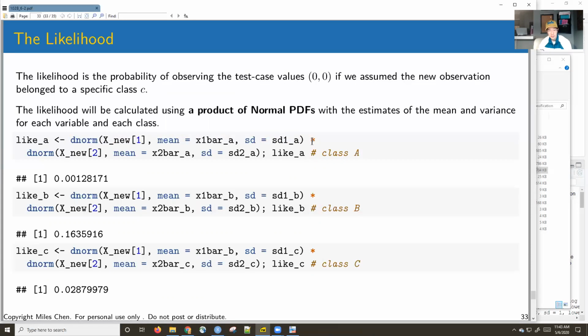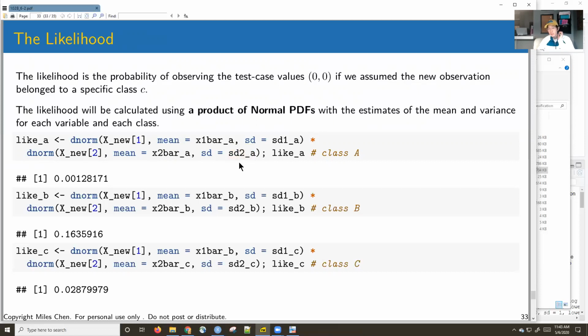And then I multiply that by dnorm of x_new[2], the second value in our x_new vector, with mean x2bar_a and standard deviation SD2_a, right?